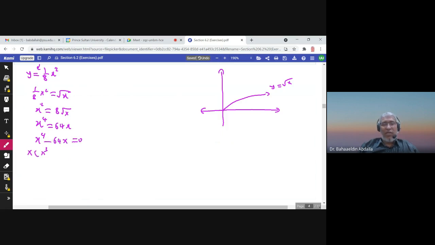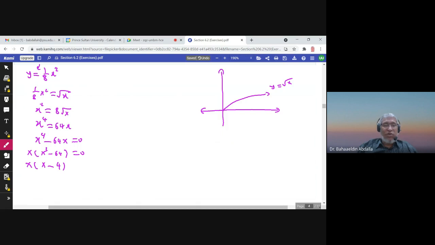Take x as a common factor. So x times (x cubed minus 64). 4 to the power 3 is 64.